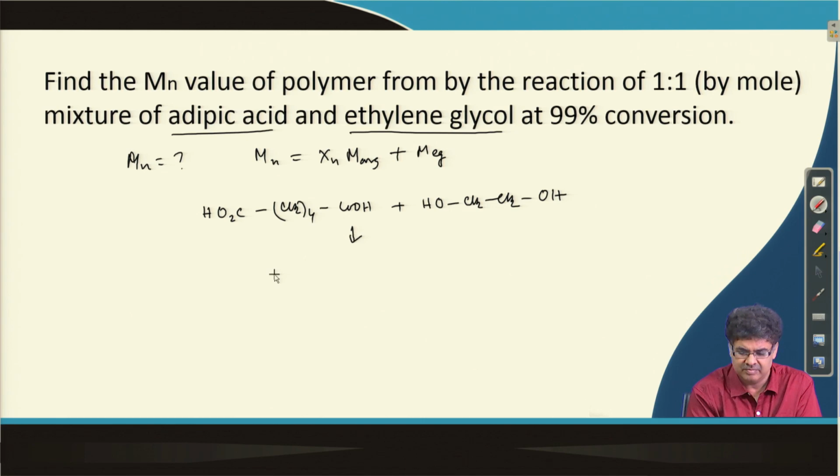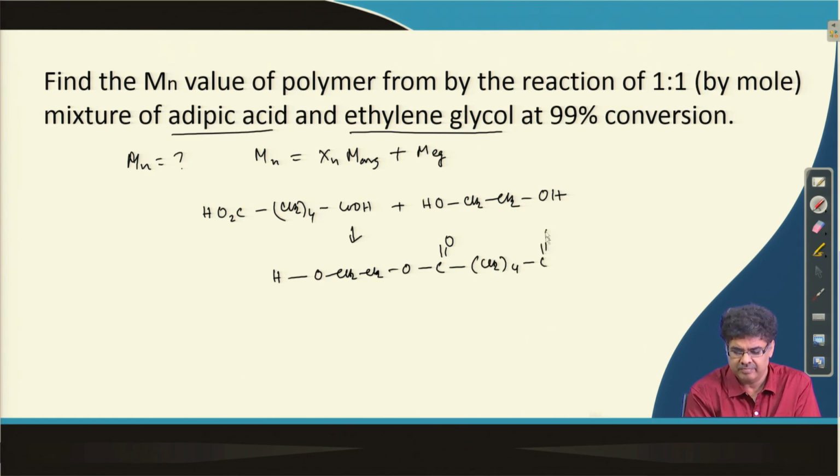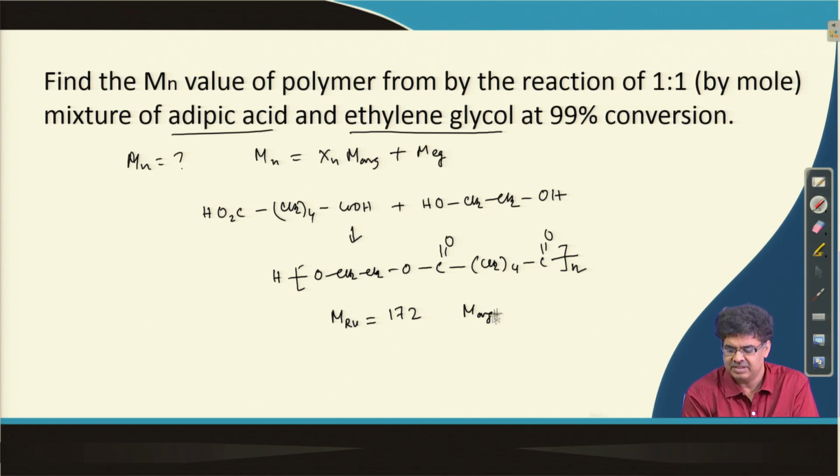The polymer structure would be this, and the molecular weight of this repeat unit is 172. So, M average, which is the average of the structural unit, would be 172 by 2, that is 86.